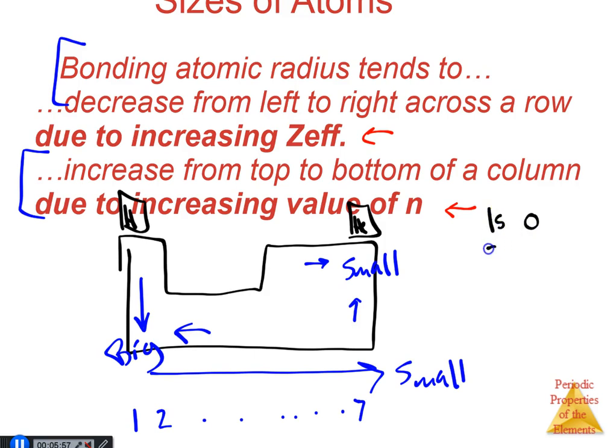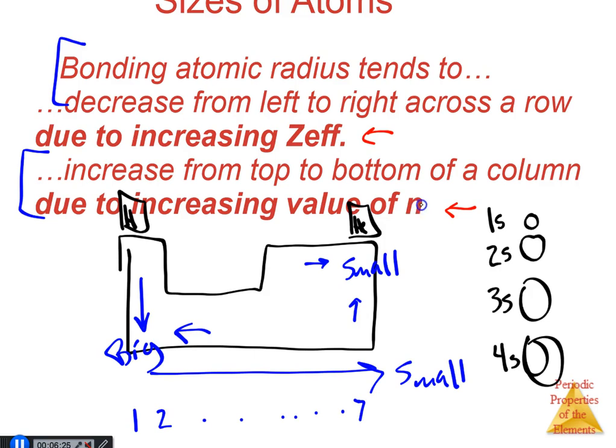But the second row, it's a 2s, and that cloud is bigger. And then 3s, that cloud is bigger. 4s, that cloud is bigger. Whoops, that one's smaller, but whatever. As you add energy levels, or as n increases, that's the same thing, the atom gets larger. So it's due to an increasing value of n.